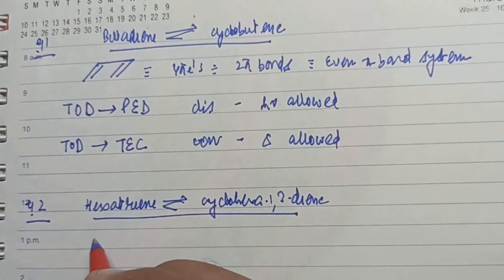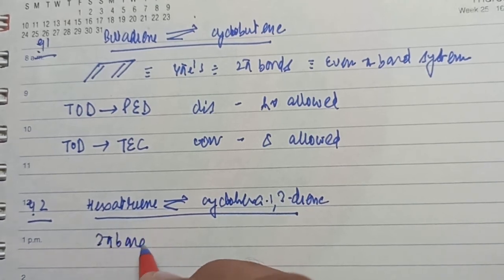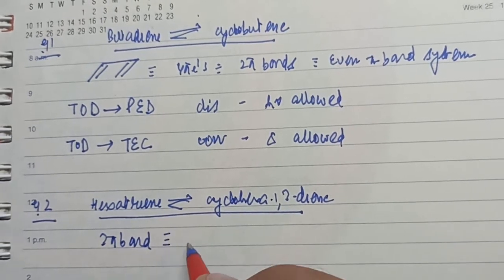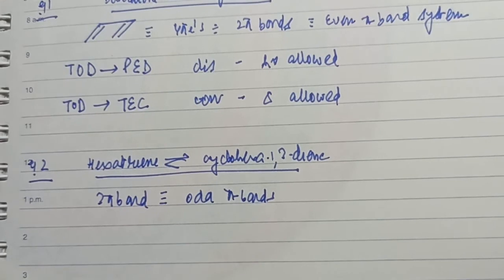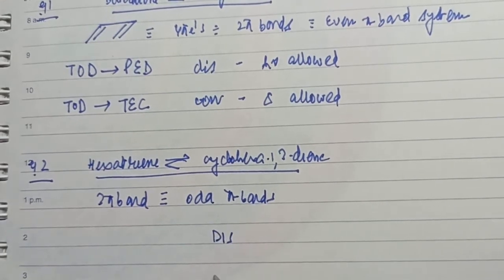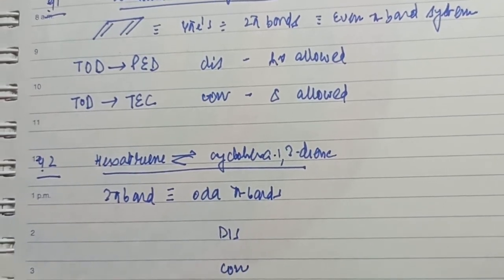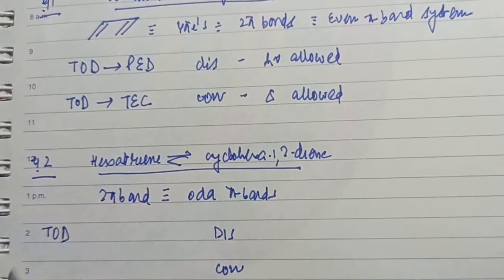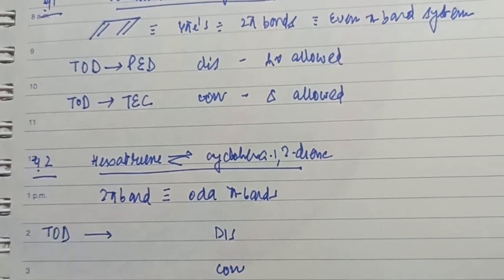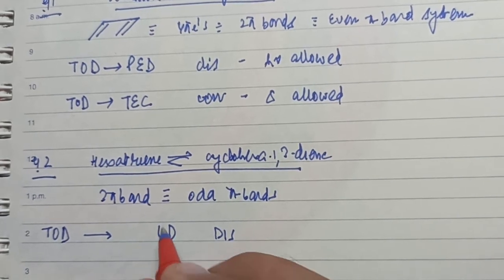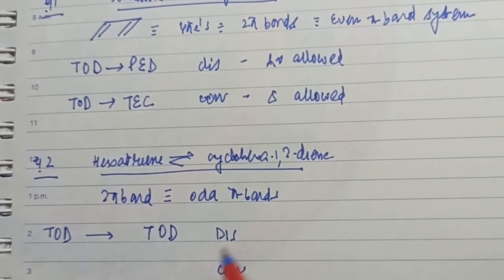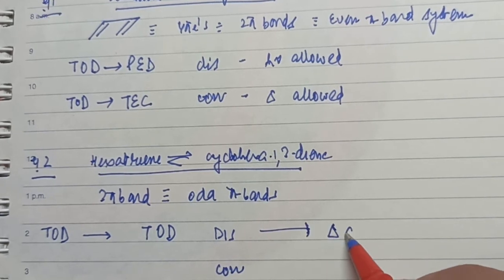Hexatriene means it is a 3 pi bond system. That means it has odd pi bonds. Let's apply the formula. Two stereochemical processes, disrotatory and conrotatory. I remember the formula TOD, right? Now this process is disrotatory only, because we are discussing disrotatory. The number of pi bonds is odd only, so this has to be a thermally allowed process. Simple.